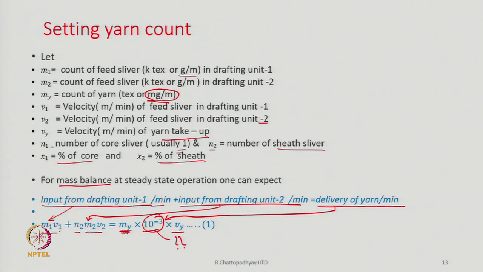So, My divided by 1000, we write it My into 10 to the power minus 3, it becomes gram per meter into Vy, that is the speed with which we are delivering. So, so much gram of fiber per minute I am feeding, and so much gram of fiber we are delivering. So, they are same.